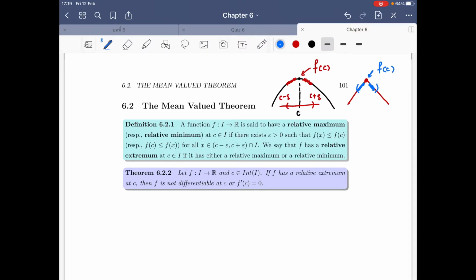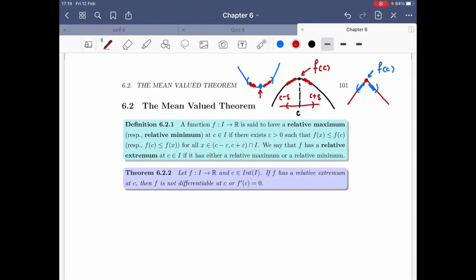For the relative minimum it's just the other way around, so it will be a valley like that. Again, around this point the value of the function will be greater than or equal to the function value at the point where the relative minimum occurs.